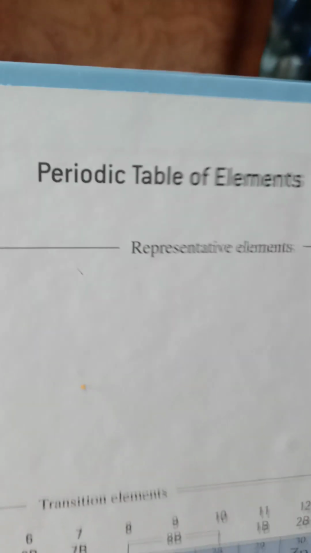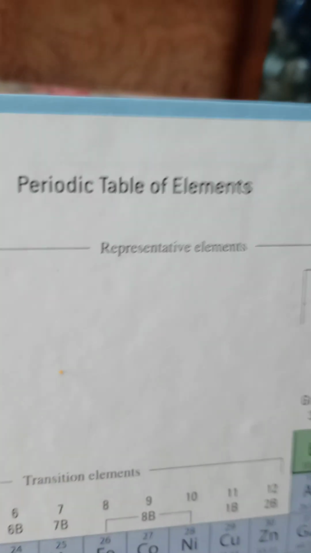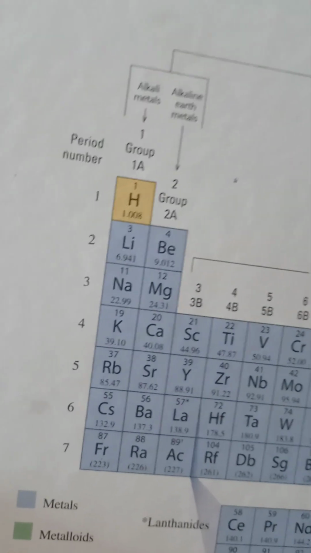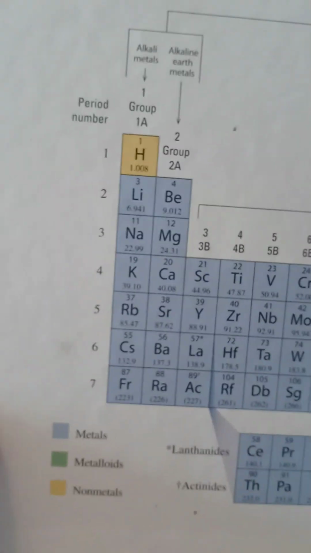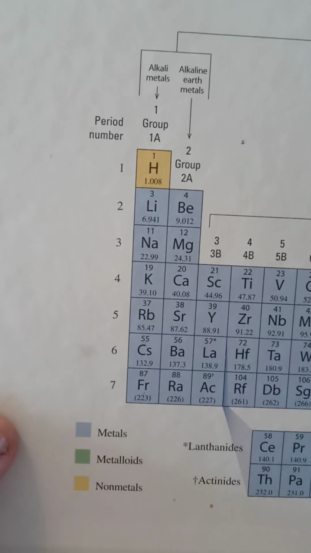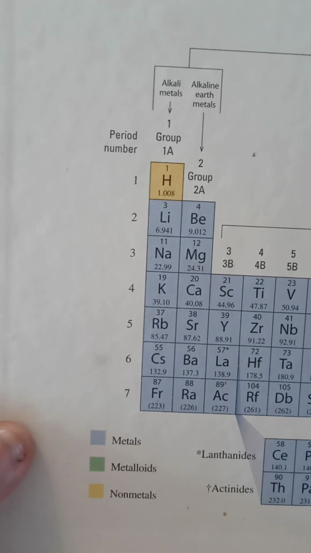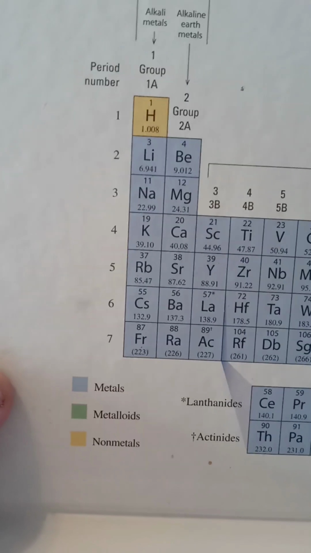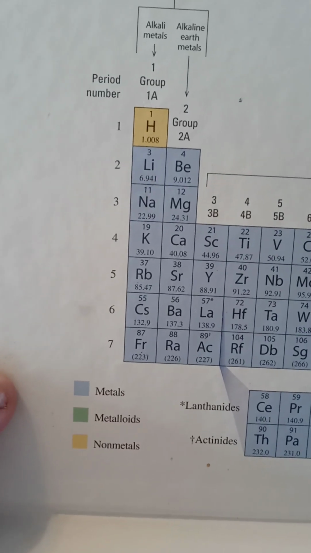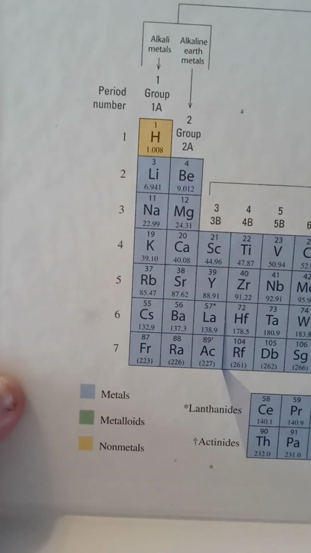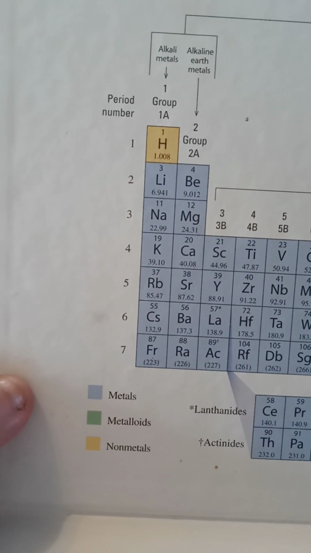So you have the periodic table of elements, and then you have the letters. Like capital H is the chemical symbol for hydrogen. The capital L and the small i is the chemical symbol for lithium, which is the element.